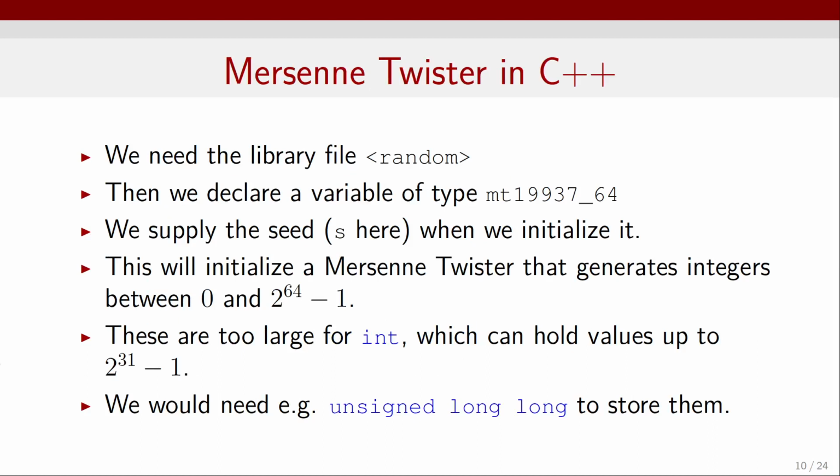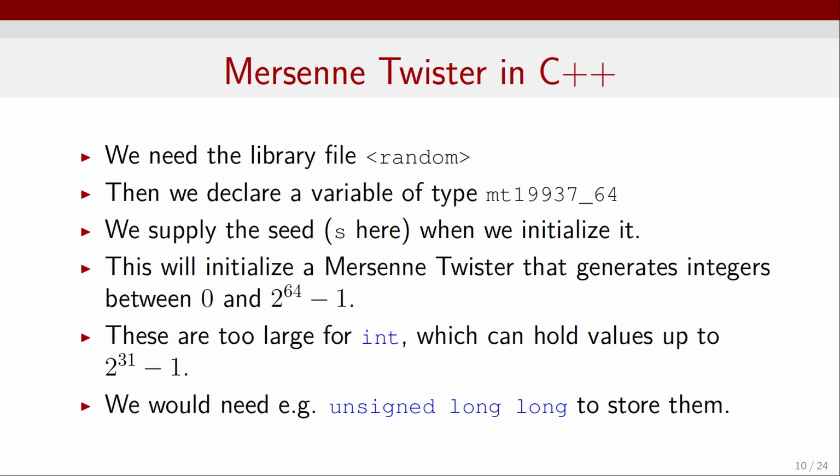To use Mersenne Twister in C++, we need the library file random. Then we declare a variable of type mt19937_64. We supply the seed, which was denoted as s here, when we initialize it.